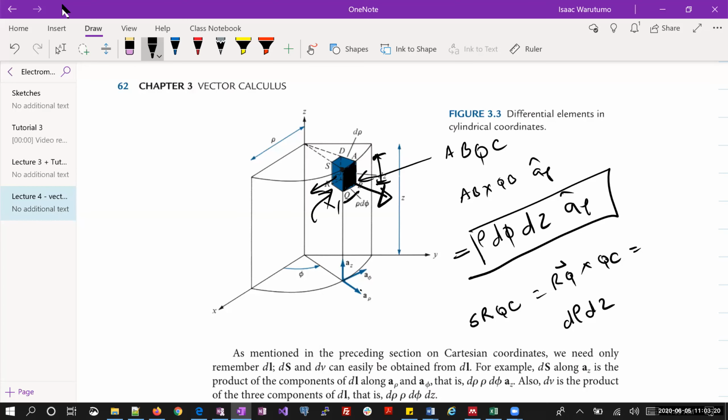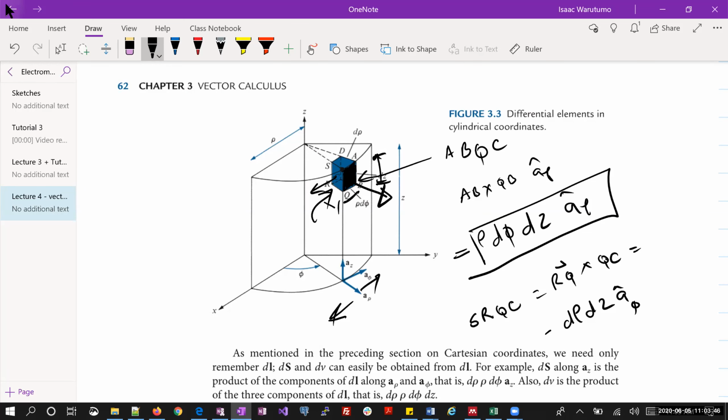Remember, phi is going in this direction. Therefore that is outward, so it becomes negative a phi. So we just introduce negative a phi at that point. That is how we would develop the elemental surface areas.